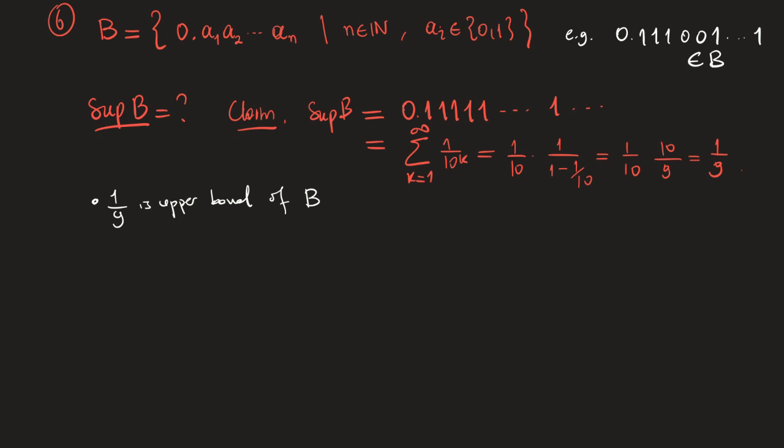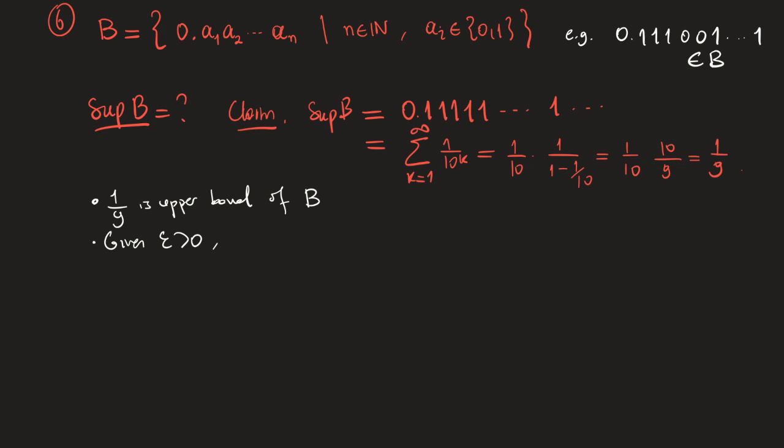As follows: given epsilon, we need to find some B0 or A0 or whatever it is in the set, such that when you subtract epsilon from 1 over 9, you will find an element here that is bigger than this subtraction.